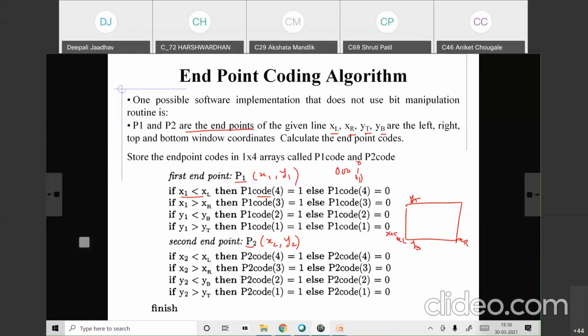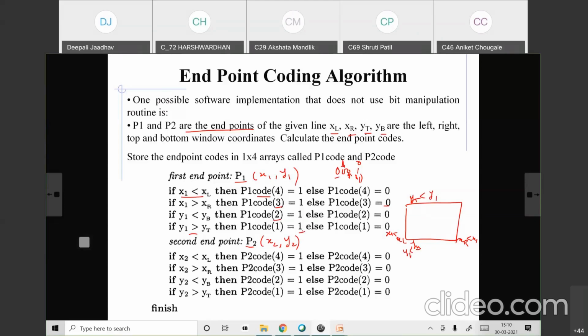If x1 is greater than xr, then this bit is 1, otherwise it is 0. If y1 is less than yb, then this bit is 1, otherwise it is 0. If y1 is greater than yt, then it is above the top, so this bit is 1, otherwise it is 0.